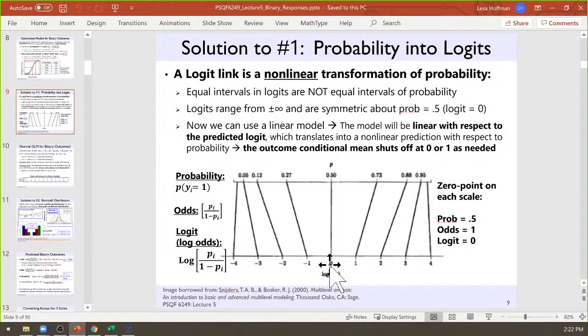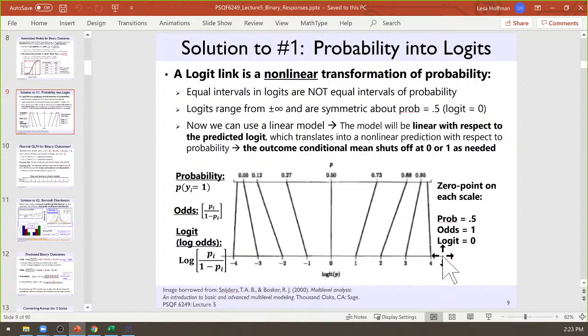So if I start at a logit of 0, that corresponds to a 50-50 probability. If I go from a logit of 0 to 1, that translates into a probability of 0.73. So that's a big jump. If I go a similar unit change in logits from 1 to 2, that corresponds to a much smaller change in probability, and the changes that correspond to equal logits get increasingly smaller in probabilities.